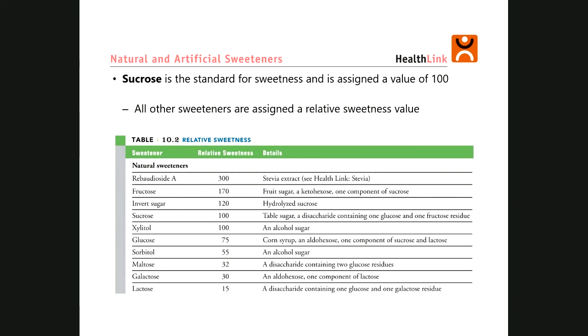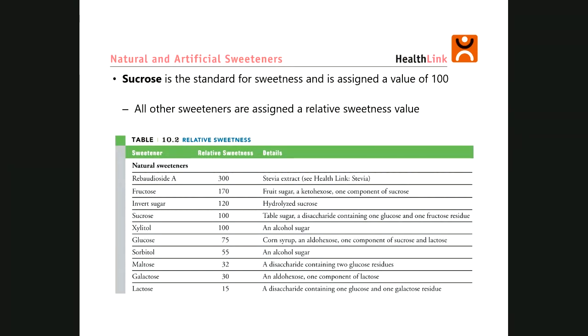So in the grand scheme of things, just to compare sweetness and so that we can get whole numbers as opposed to fractional things, sucrose is assigned a value of 100 when you're comparing the sweetness of sucrose with the sweetness of other things.